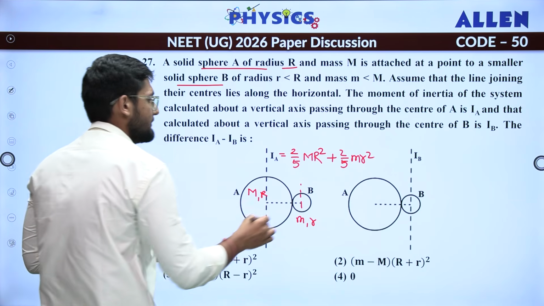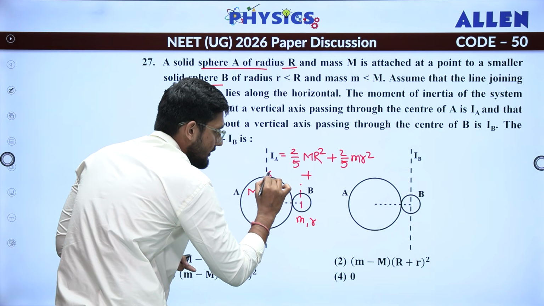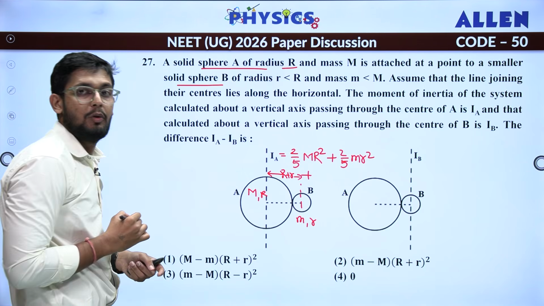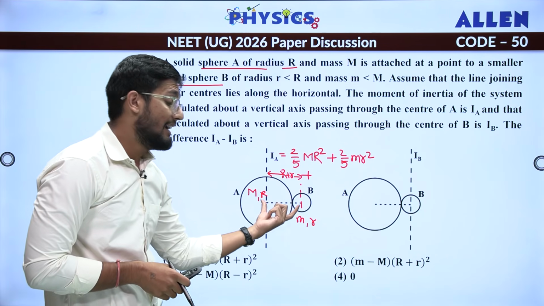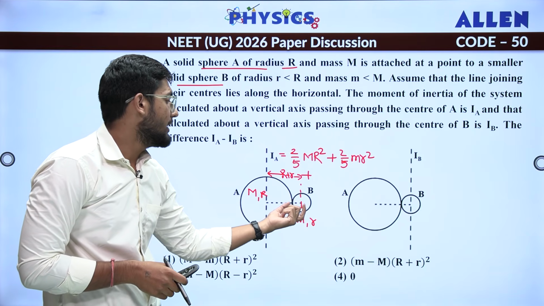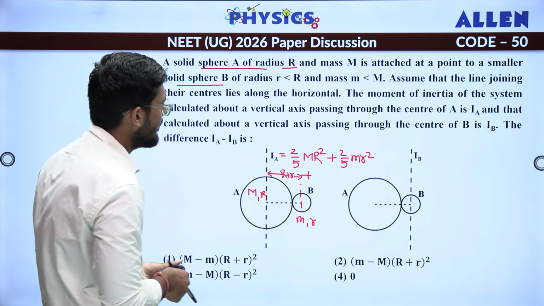Then we need to apply this distance also. This will be capital R plus small r. So we need to apply the parallel axis theorem for this small sphere, and then only we can calculate the moment of inertia of this small sphere about this line.